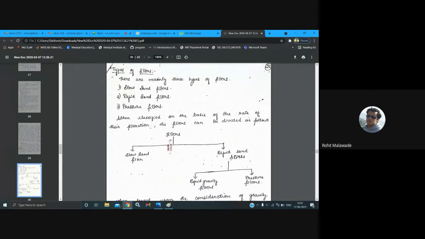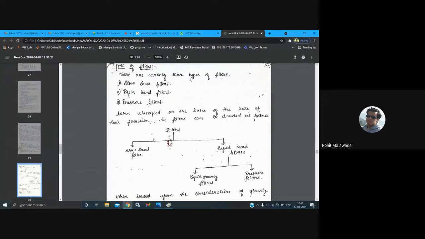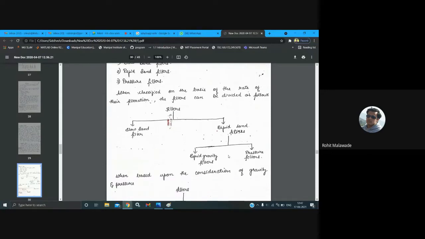So the filter is going to be classified as slow sand filter and rapid sand filter, and the rapid sand filter is going to be further divided into rapid gravity filters and pressure filters.